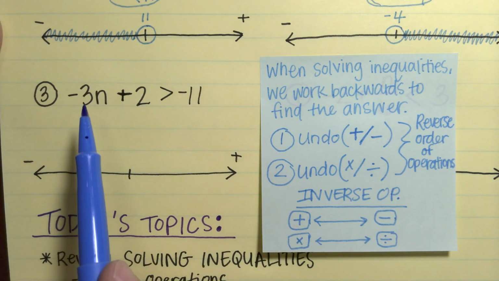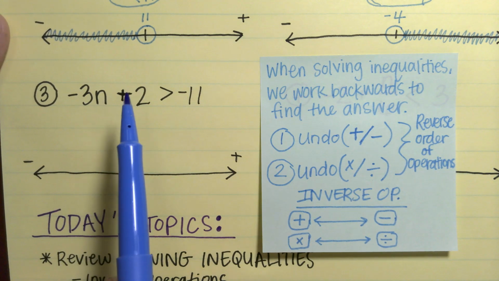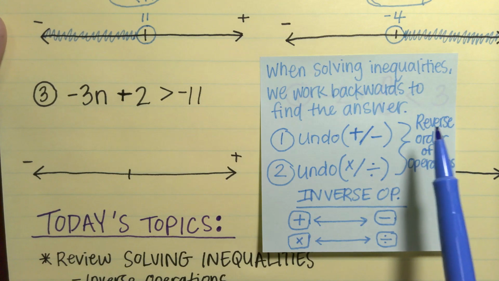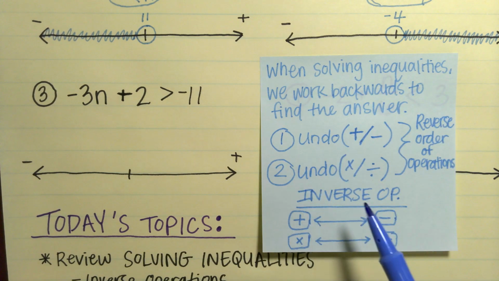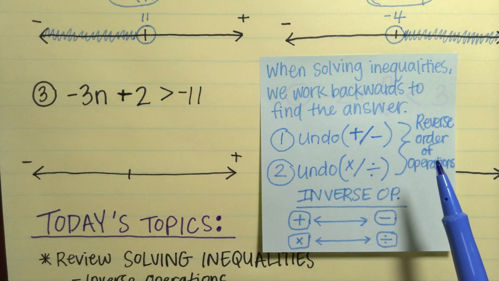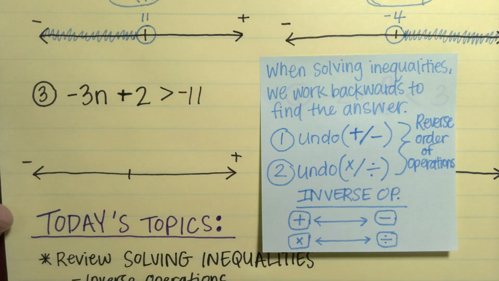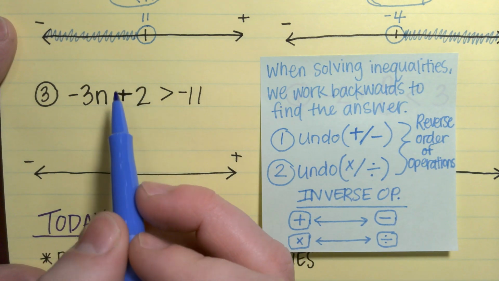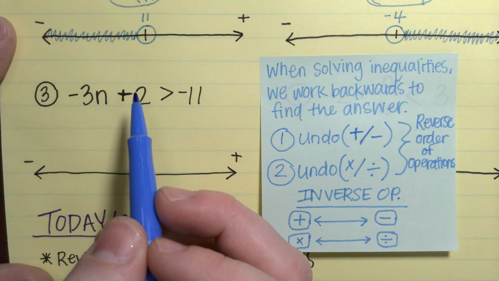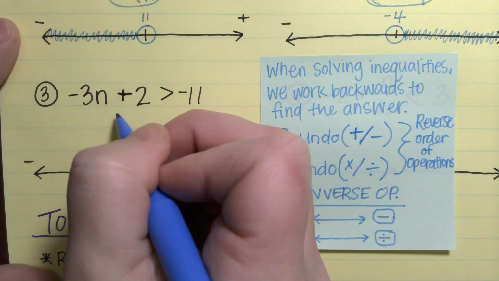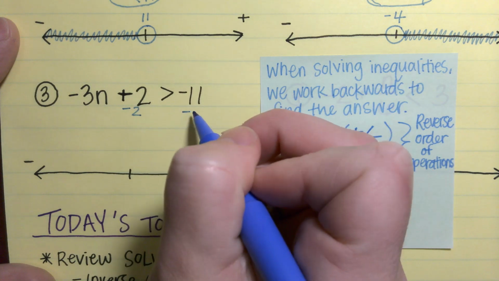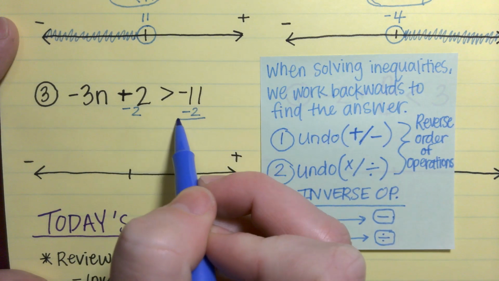I have multiplication here between -3 and n, and then I have addition here with this plus 2. What does my reverse order of operations tell me I need to undo first? The 2. Good. So if I have plus 2, how do I get rid of it? You bring the 2 down, minus 2. We're doing the opposite. So I'm doing minus 2 on both sides.